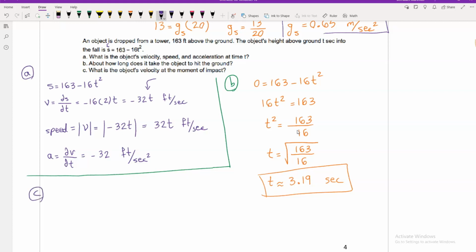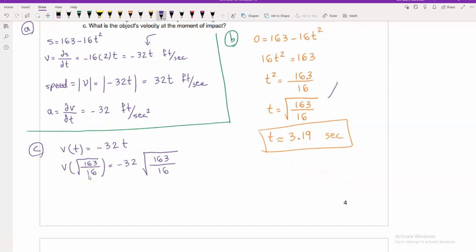Now here part C, what is the object's velocity at the moment of impact? So we have to use this t, 3.19, and find velocity. Our velocity was equal to negative 32 times t. So finding impact velocity, I can use the square root of 163 divided by 16, or the number that I rounded, 3.19.